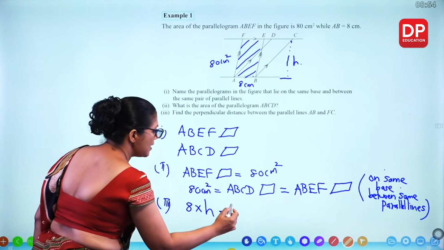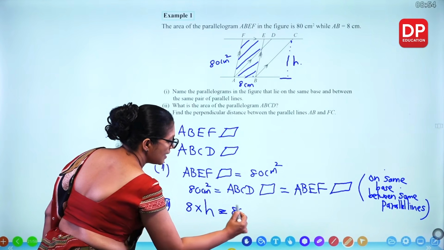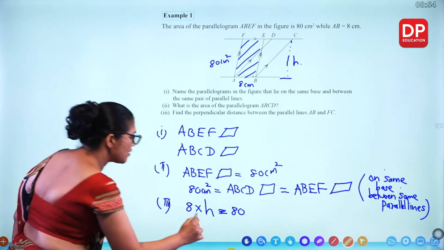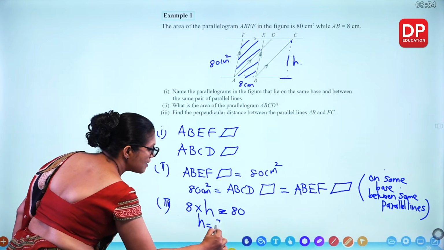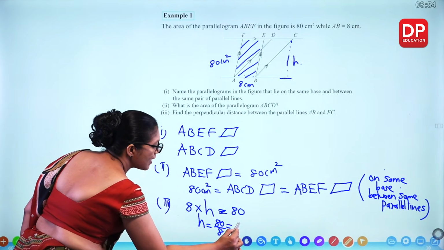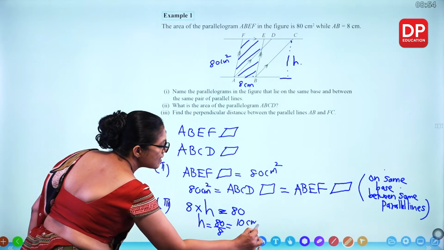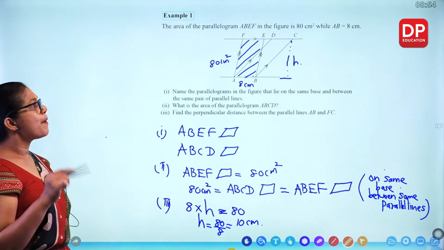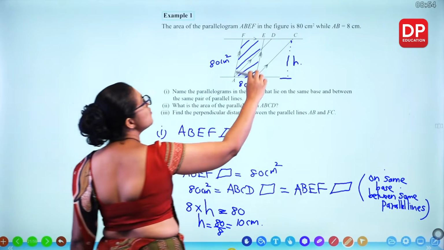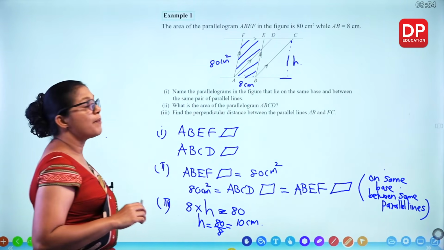Area is given as 80. So how can we find H? H is 80 divided by 8. We can write 10 centimeters. So that's the perpendicular height in between two parallel lines.